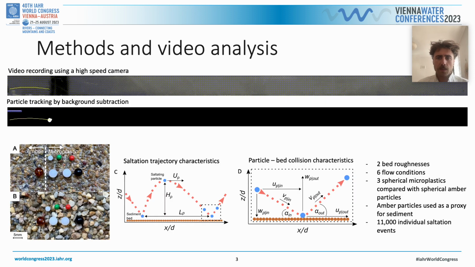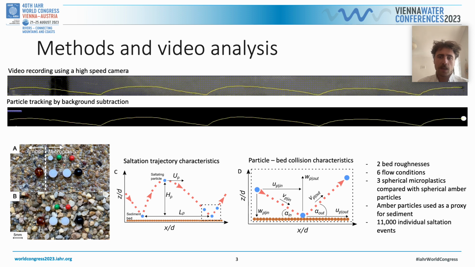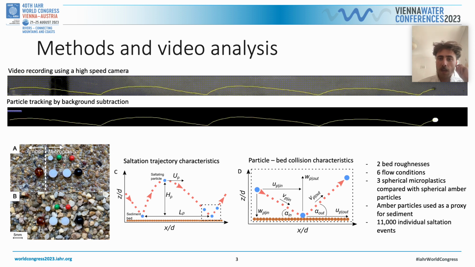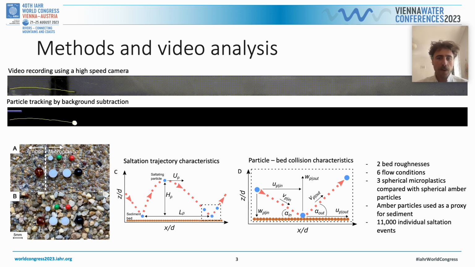To answer this, we released microplastics and sediments one by one into an open channel flume over a range of flow conditions and bed roughnesses. We ensured that particles were in bed load transport, and we particularly looked at saltation as their mode of transport in bed load. We chose 3 different spherical plastics with different densities in sizes 3mm and 5mm.